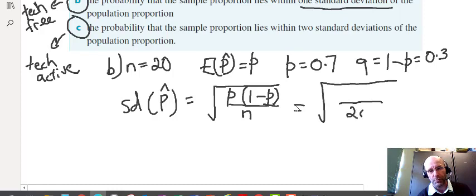So n is 20. p, because it's a large population, is 0.7. And the complement of that is 0.3. So I'm going to put a little multiplication sign in there. And we crunch that, and looking over at my calculator, I get 0.1025.